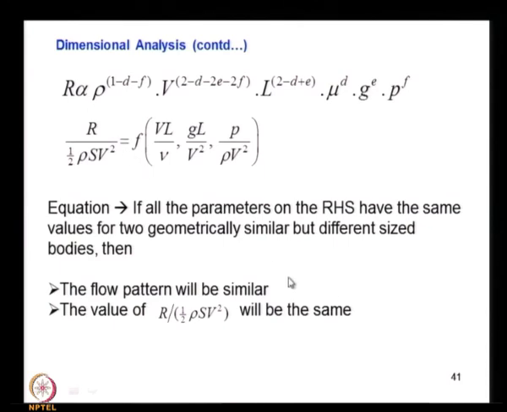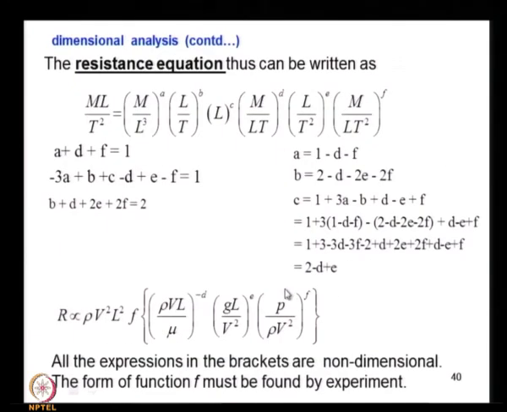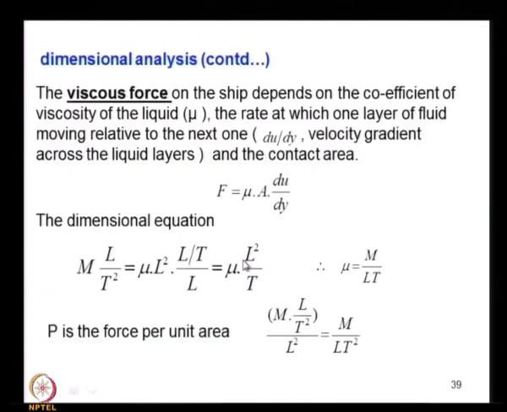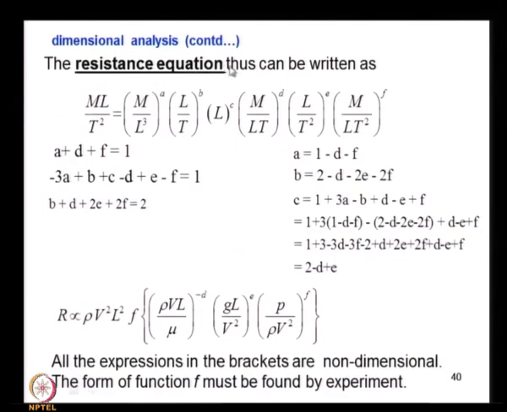So, from the resistance expression what you have put here, from this relation I can write the same dimensional thing, m by L T is equal to, I put rho raised to a.